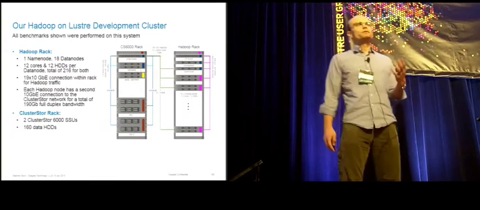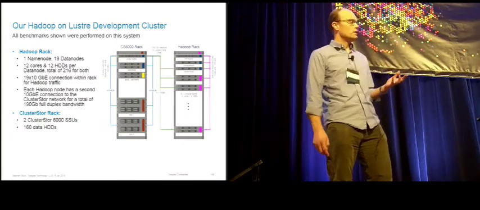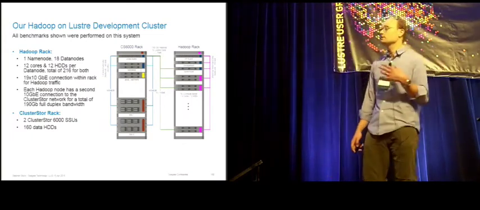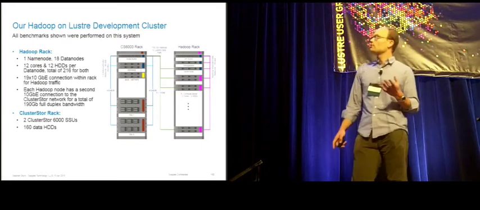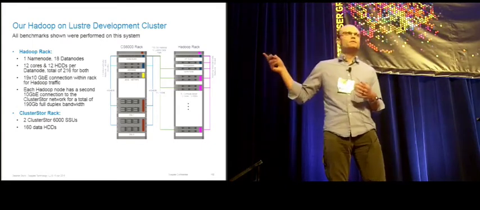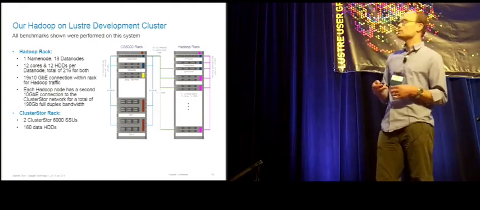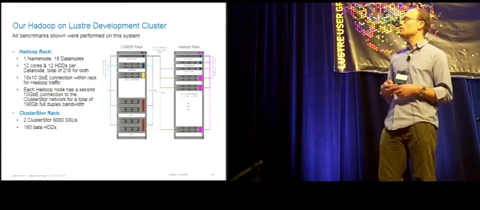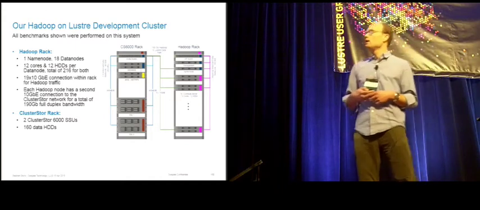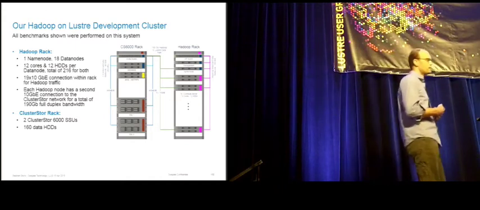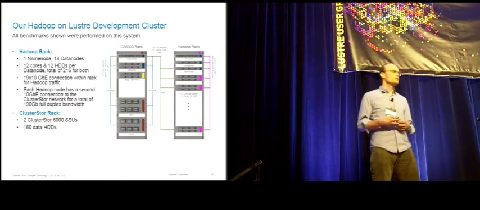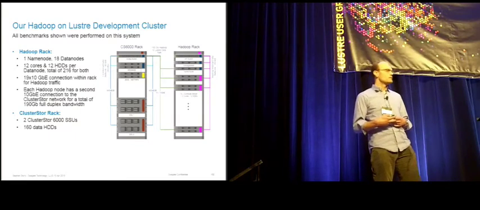So I'm going to show you some benchmarks that we've produced of Hadoop on Lustre and describe the system. We have a rack of HP Hadoop compute. There's 12 cores and 12 hard drives per node. We have 18 data nodes. This is backed by 10 gigabit Ethernet between the nodes.